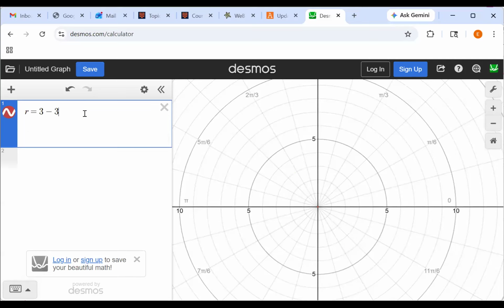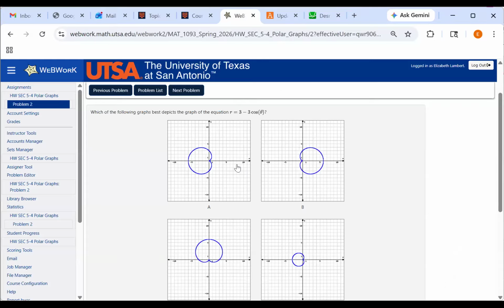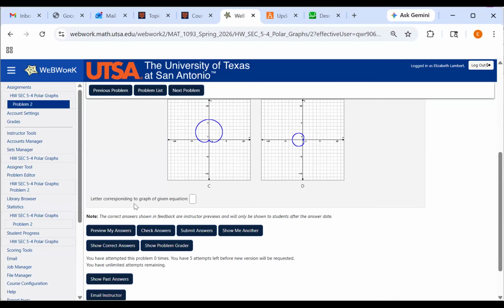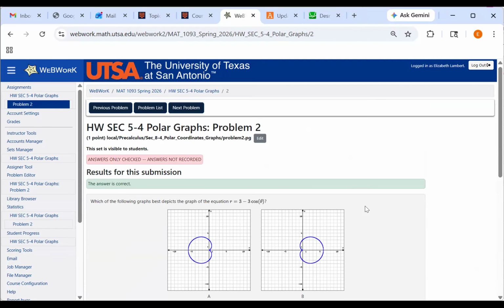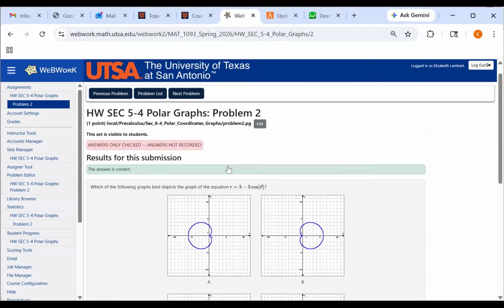So we had 3 minus 3 cosine theta. Bam. That gives us the cardioid that's facing in this direction, which is A. And I liked A. So I could figure it out by picking numbers and plugging them in and seeing if that point appears on the graph.